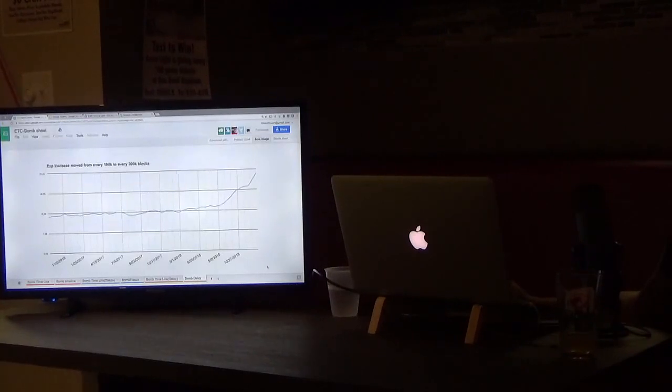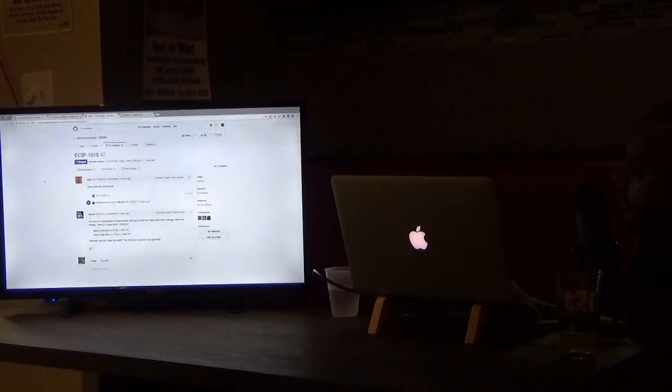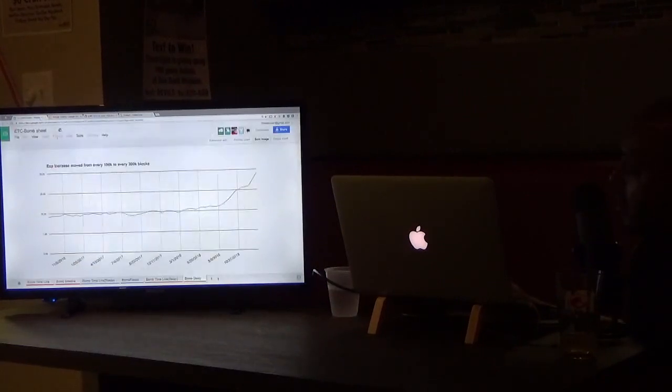We don't anticipate miners having an issue with this, because it keeps them in the game for a lot longer, especially if Ethereum moves to Casper somewhere in this window. And as I said earlier, we want miners in our camp. I just pulled up his ECIP. Yeah, that's all I got.